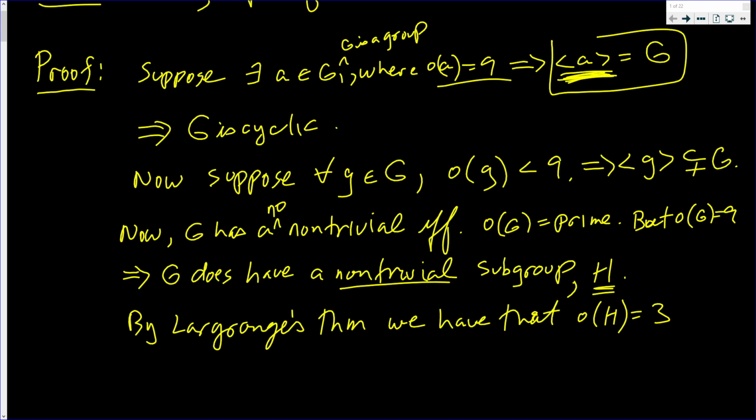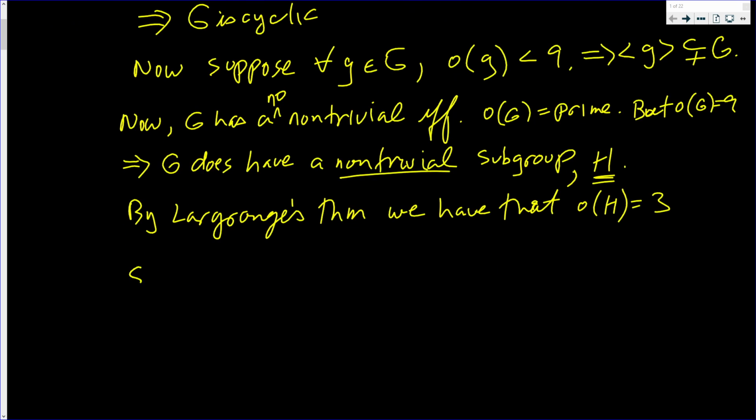The only numbers that divide 9 are 1, 3, and 9. And 1 is just the subgroup that has the identity, and 9 is the whole group G, so the only non-trivial subgroup is of order 3.